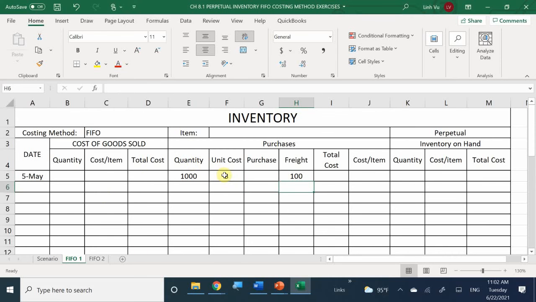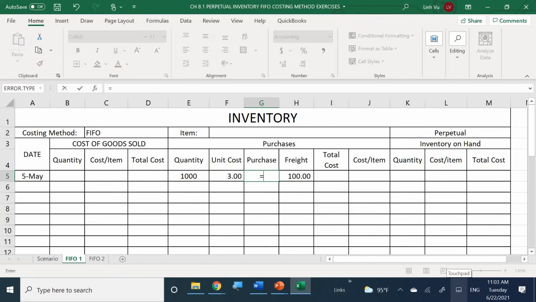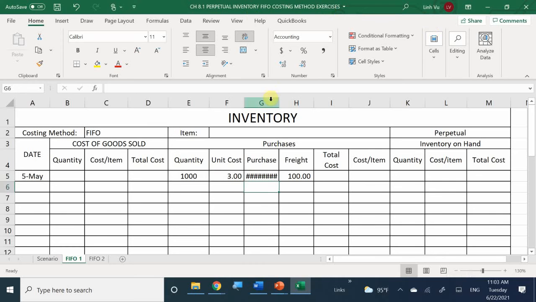So once again, this right here is the same for all inventory, right? We're just going to go ahead and calculate how much we actually purchased, okay? And how much it cost you in grand total. So in this case, what's my total purchase price? $3,000, right?